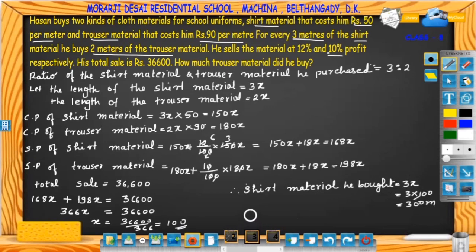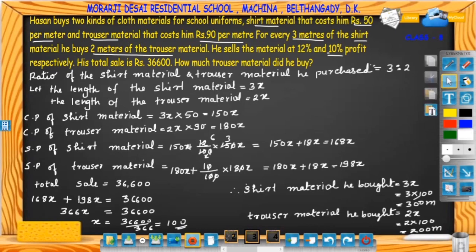He purchased 300 meter of shirt material and he purchased trouser material. How much? We have taken as 2x, that is 2 into 100 is equal to 200 meter. So he bought 200 meter of trouser material.